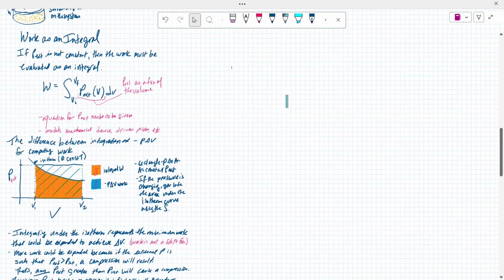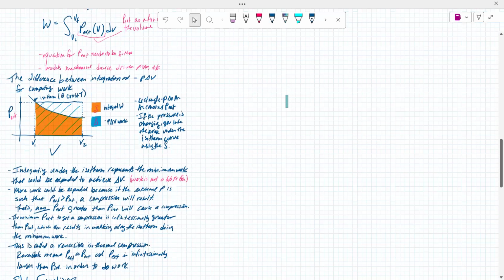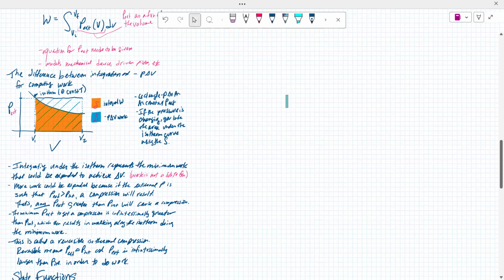And then we took a look at how this might work in terms of the integral versus not doing it with the integral. This is really a key figure that explains what's going on here. As we integrate, we have the minimum work that needs to be done, because we would be explaining this in terms of the infinitesimal situation, versus if we did just a P delta V work under constant external pressure.